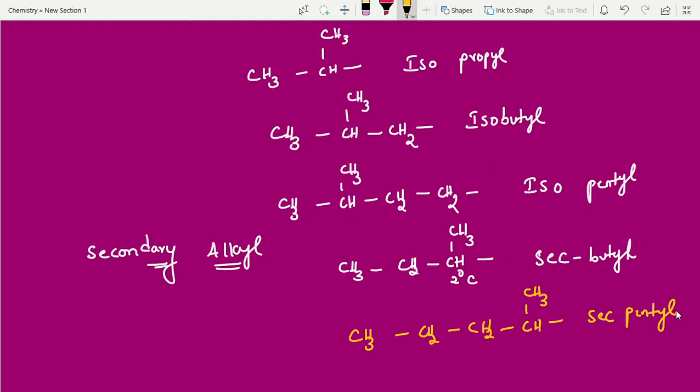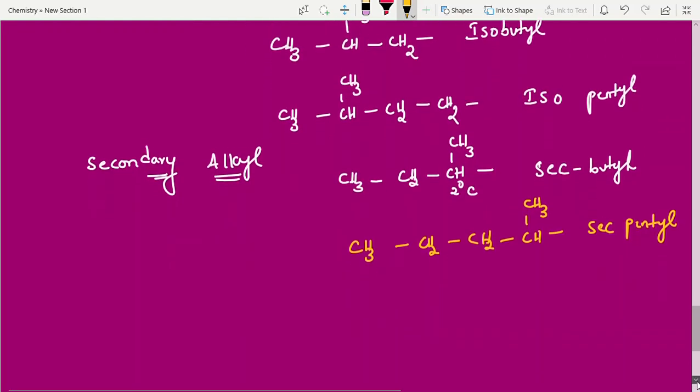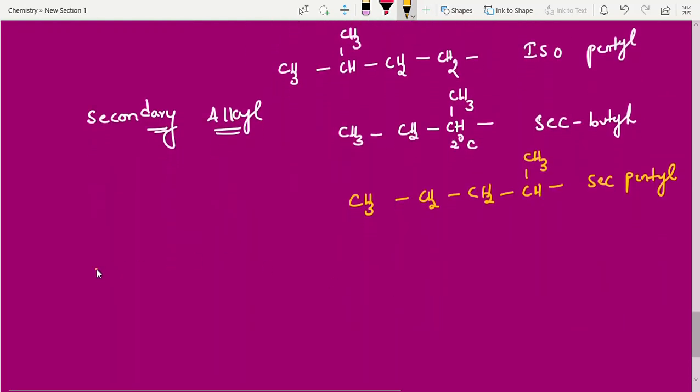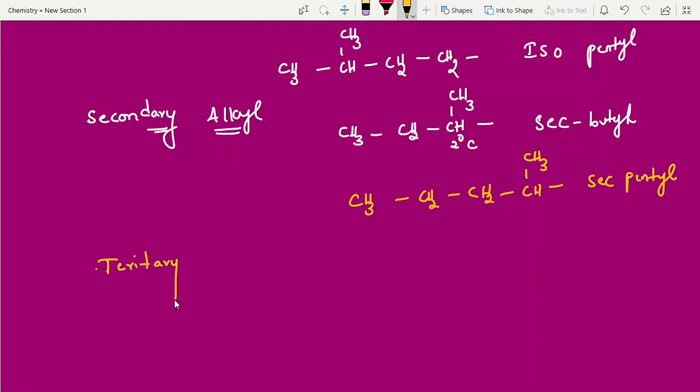Okay, now next one. Tertiary alkyl. Look at the tertiary group: CH3, CH3, CH3.